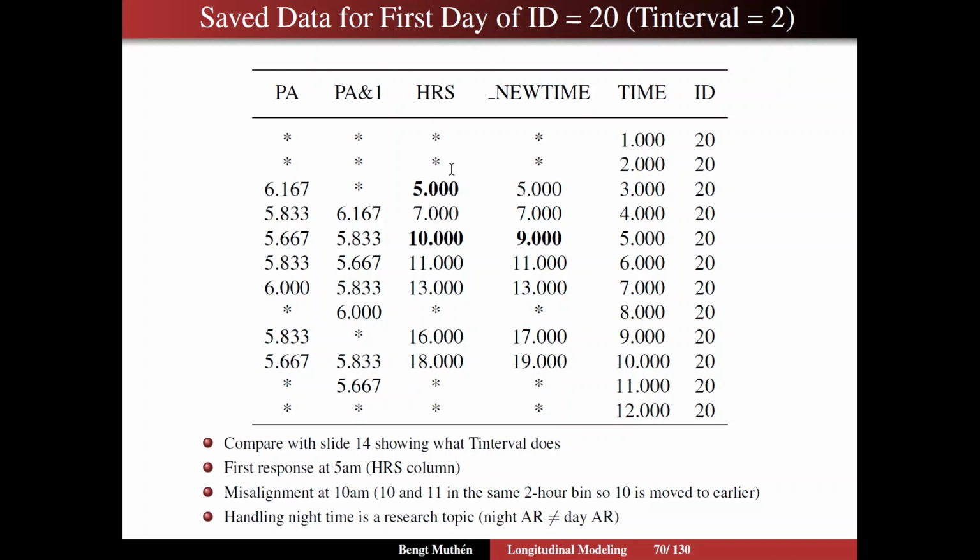The person wakes up at 5, and is observed again at 7, 10, 11, etc. And the analysis time that you use in the computation is this bin time, just integers 1, 2, 3, etc. And new time, underscore new time, is giving you the midpoint of the bin interval that we're talking about here.